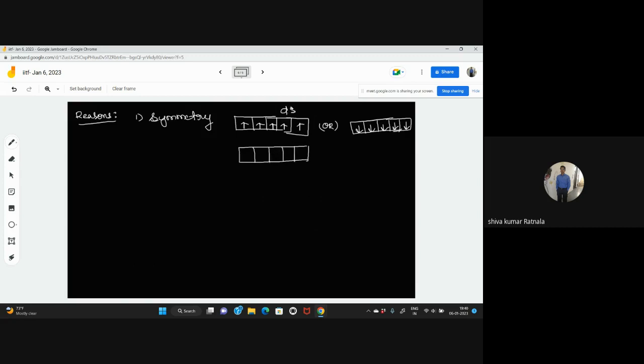This is d5 and this I am writing as d10. So there is only one possibility, we can write like this. So either we have maximum spin or minimum spin.